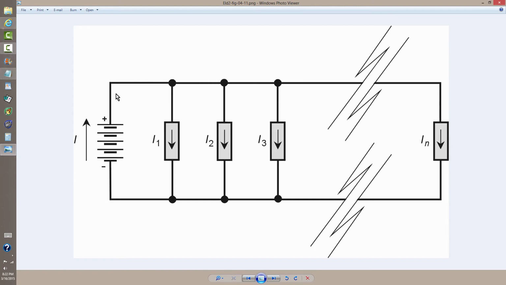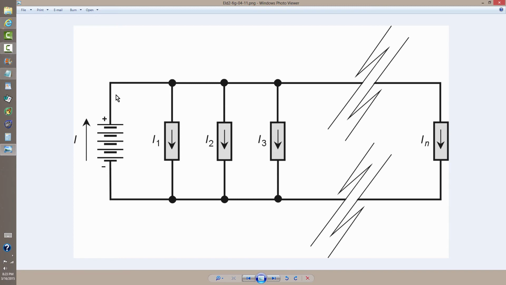Current demands in parallel add up in a simple, straightforward way, just as resistances in series do, or as capacitances in parallel do, but those involve alternating current circuits. This is a very simple direct current circuit principle.